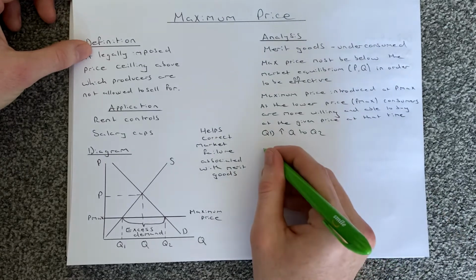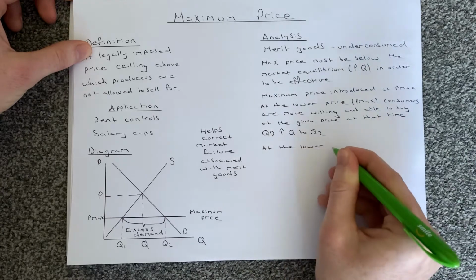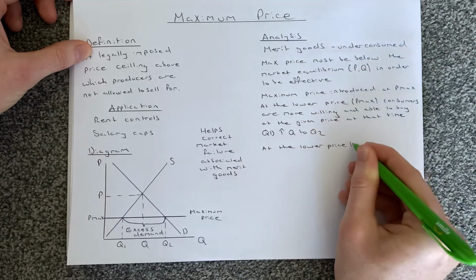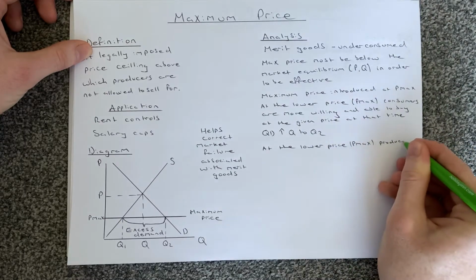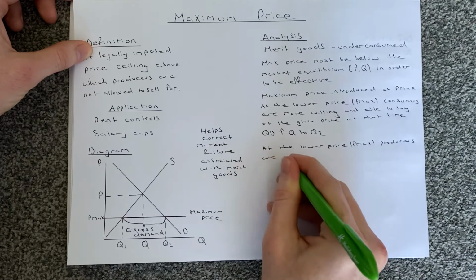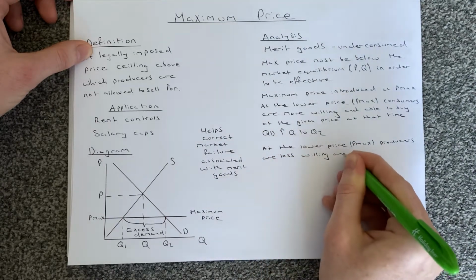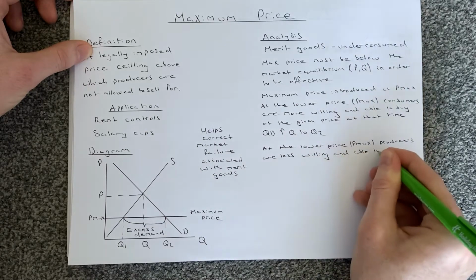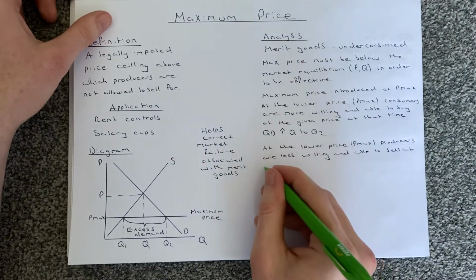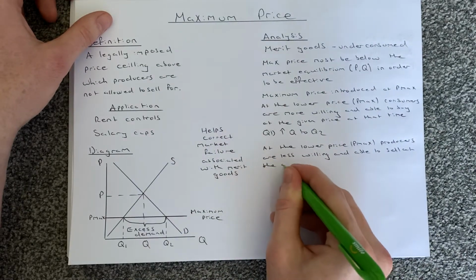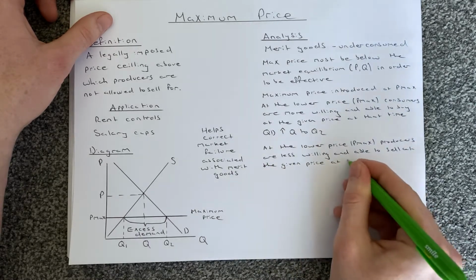At the lower price, again referring to P max, producers are less willing and able to sell at the given price of P max at that particular time.